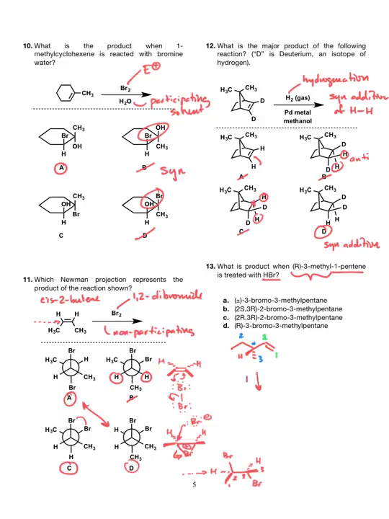So we'll protonate 1. That generates a carbocation here. That's a secondary carbocation. If you protonate 2, that generates a primary carbocation.